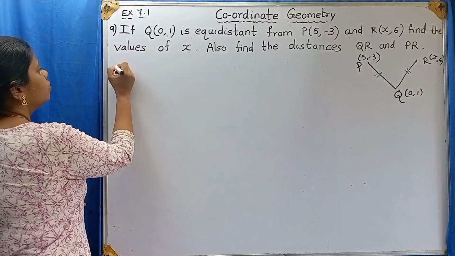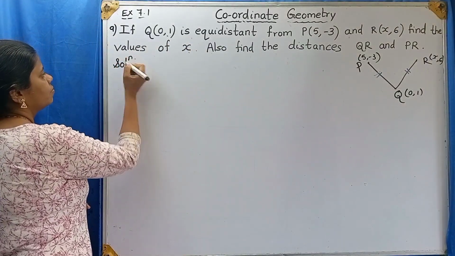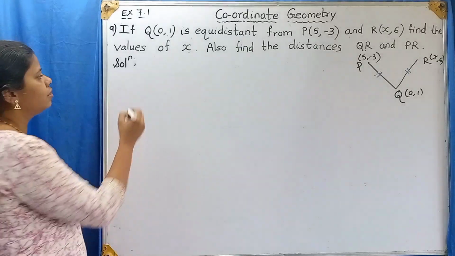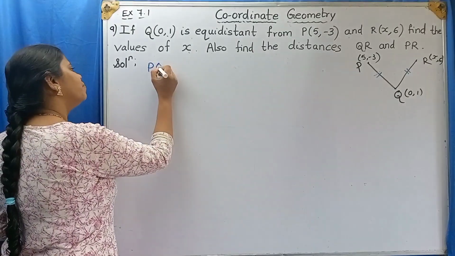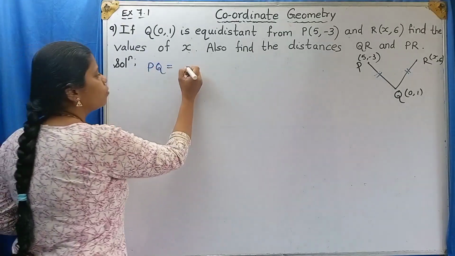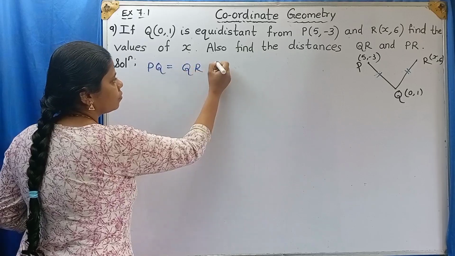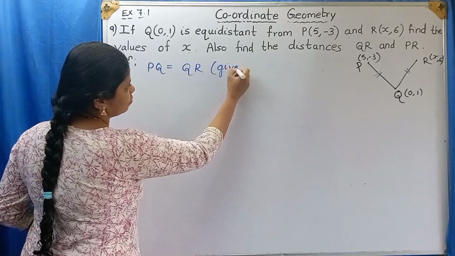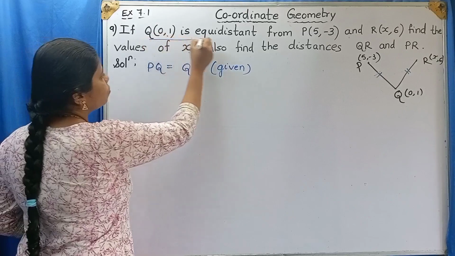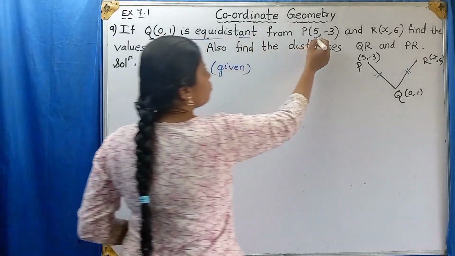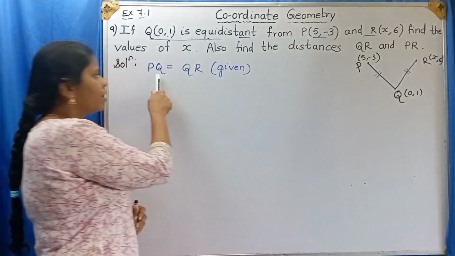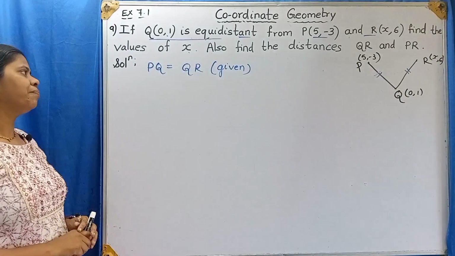Okay? Solution. What is given in the question? PQ is equal to QR. It is given. Q is equidistant to the point P and R. Therefore, we can write PQ is equal to QR.